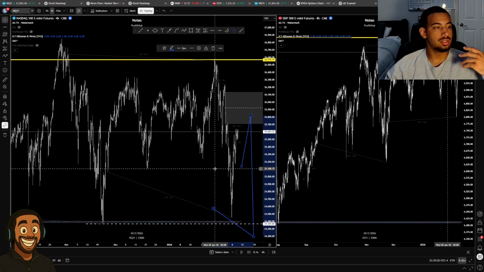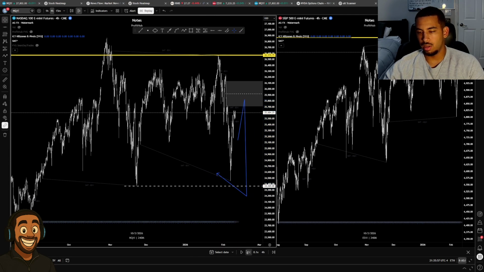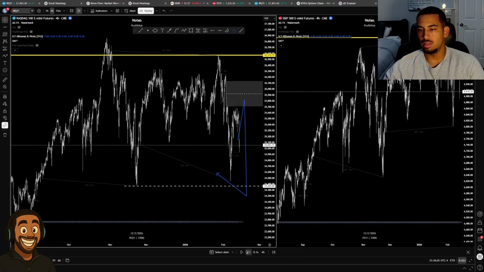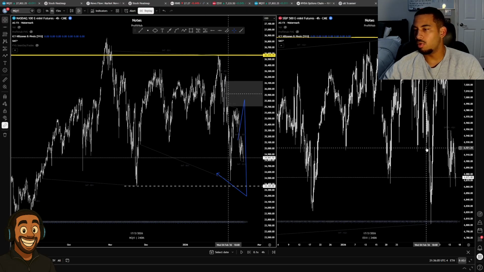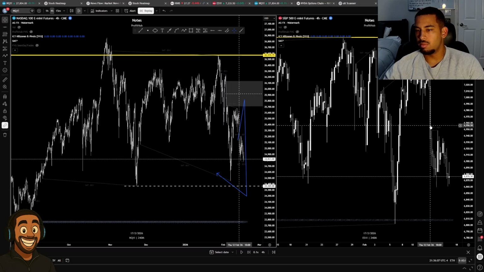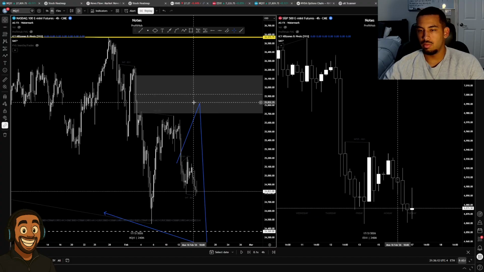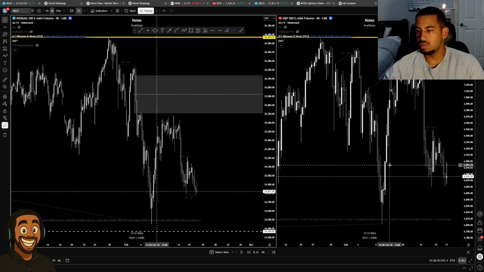So your goal is to keep practicing with this in the market, go on the 4-hour and see where the market ends up playing out. What ends up happening is that we create this fair value gap that was here. We retapped into this fair value gap and we started pushing even lower.